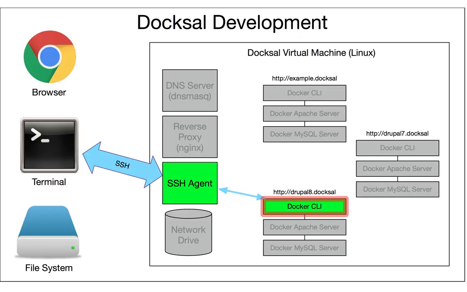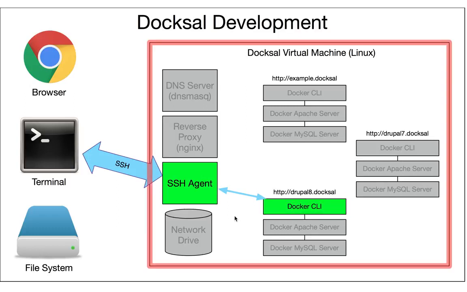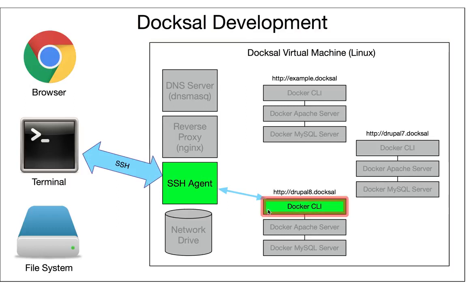So if you have an SSH private key that allows you access to some secure server, your Docker containers will also be able to access that server. This is how most communication is done with your Docksal development environment.